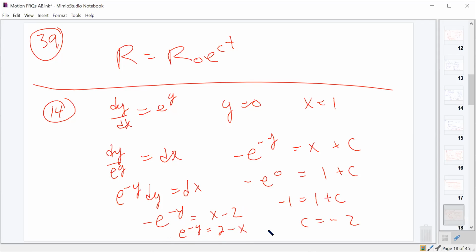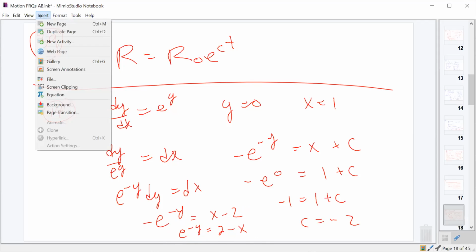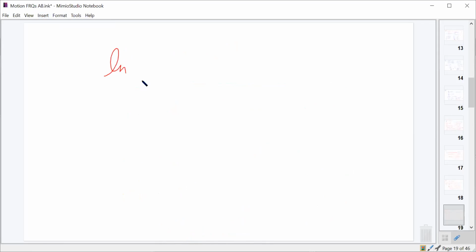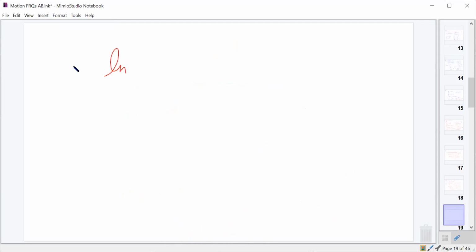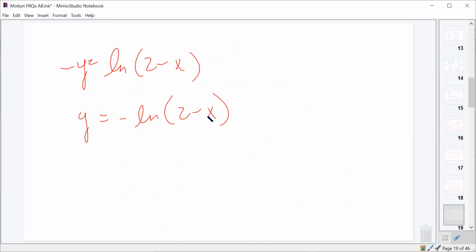And then we'll take the natural log of that. Once we're out of room there, we'll take natural log of both sides. So we got natural log of 2 minus x equals negative y. And then y equals the opposite of the natural log of 2 minus x. That's fun. That's not an answer choice.